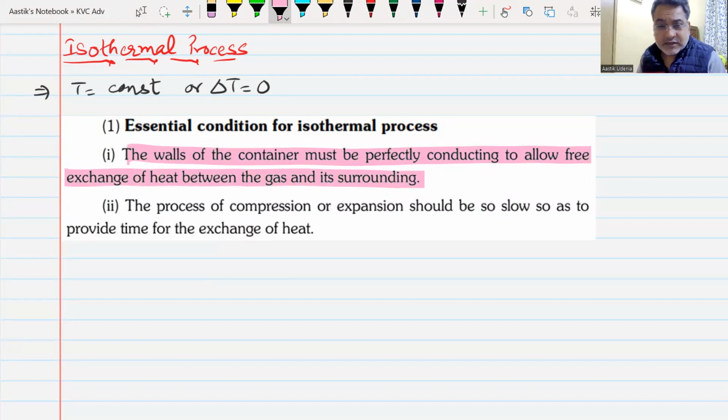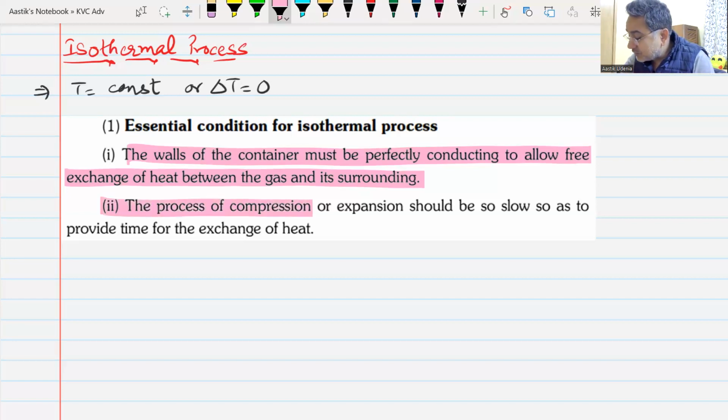An isothermal process can only happen when the temperature of the system is same as the temperature of the surroundings. It has to remain like that. For that, the process must take place in a perfectly conducting environment. The walls of the container as well as the piston should be perfectly conducting. You understand this?